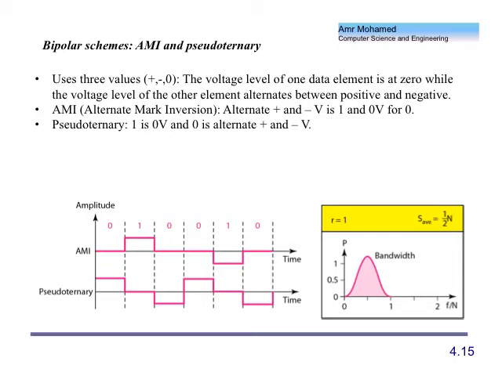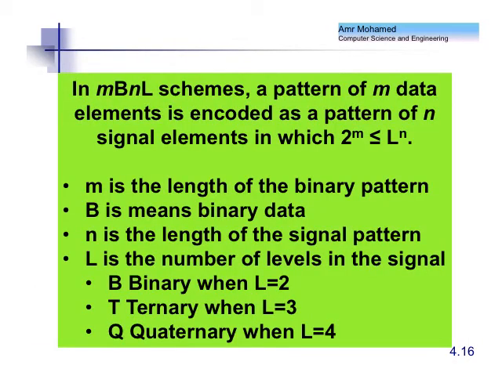Okay, so this is all the cases where we have two signal levels, or 3 signal levels if the 0 signal level is included, used to represent the digital data one single bit at a time.